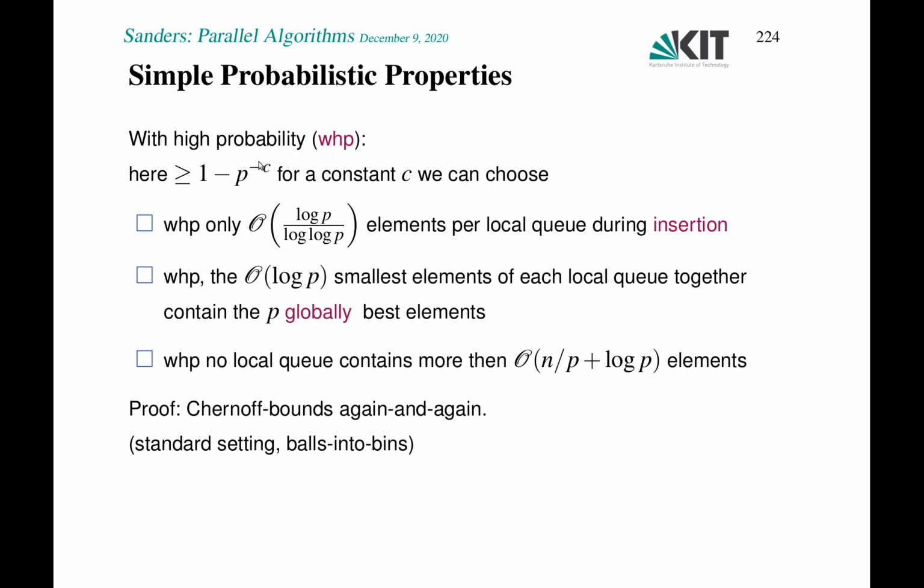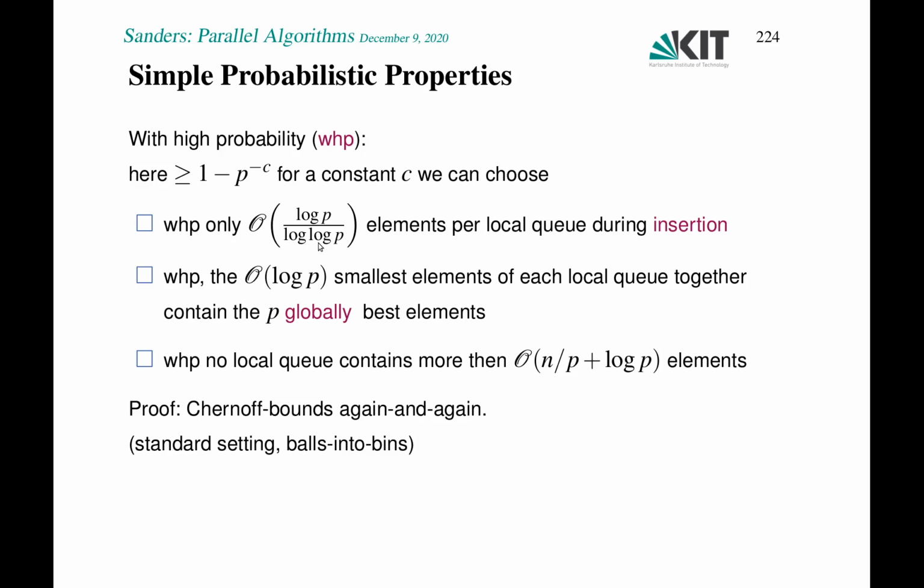If we are allocating order p balls into p bins, then it is known from stochastic research, and we can actually show using Chernoff bounds, that no local queue will receive more than order log p divided by log log p elements.